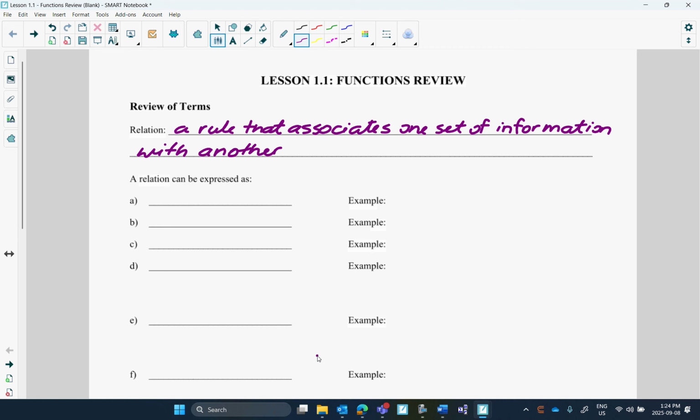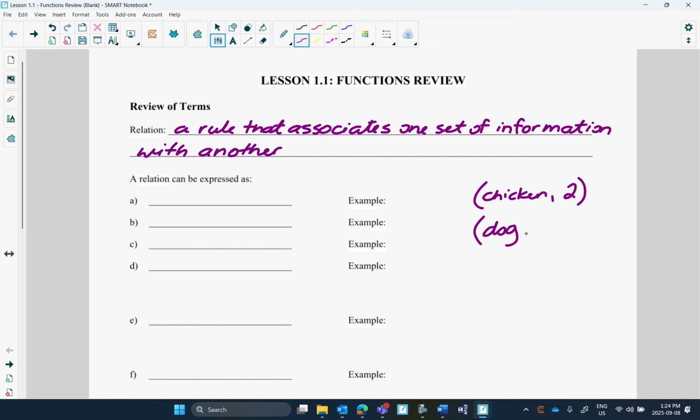So it's usually, we're going to deal with numbers, but it doesn't have to be numbers. Like, what if I said this? Don't write this down. But here I'm going to write down here's a first set of information. Here's a second set.